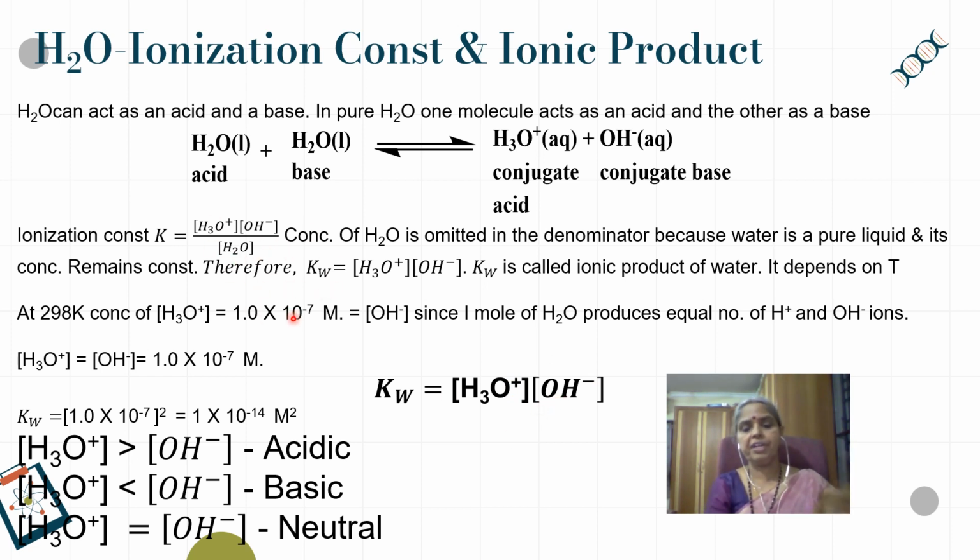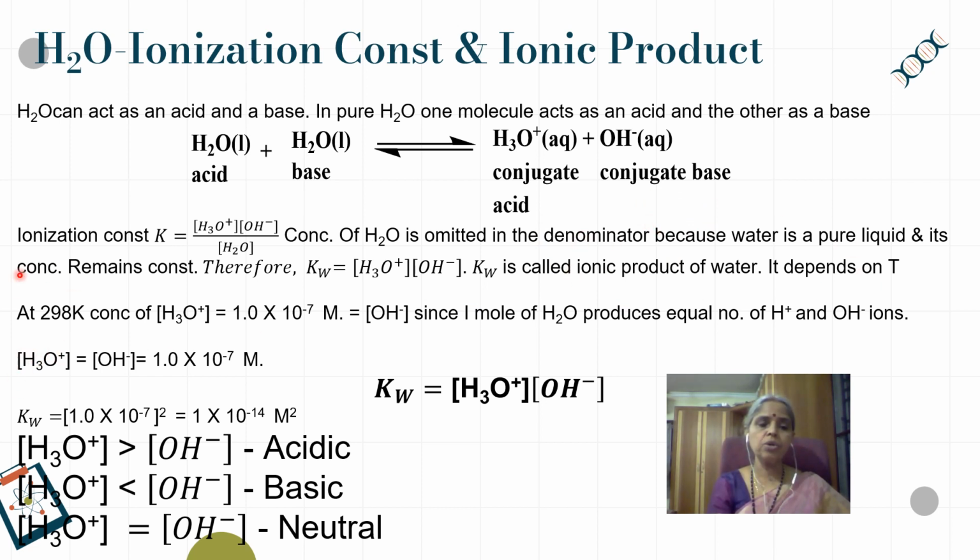So, H2O concentration is taken as unity and is omitted in the denominator because water is a pure liquid and its concentration remains constant. Therefore, you removed water from the denominator. Now, K is written as Kw. Kw is equal to H3O plus into OH minus. This Kw is what is called the ionic product of water. Kw is the ionic product of water, and this ionic product of water is dependent on temperature T.